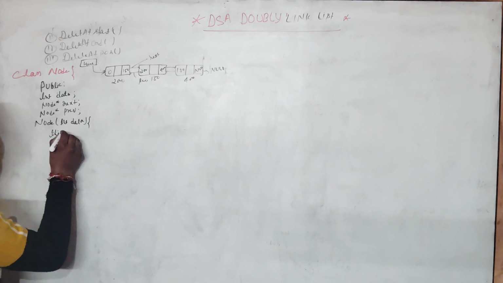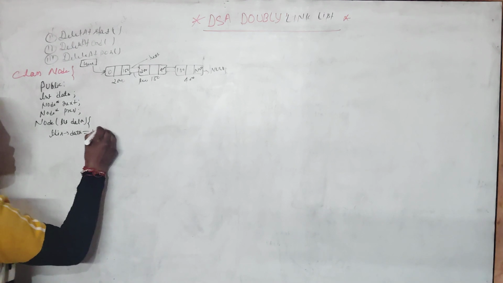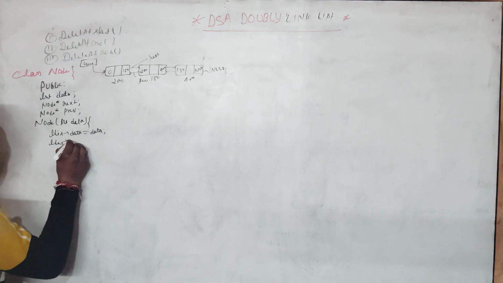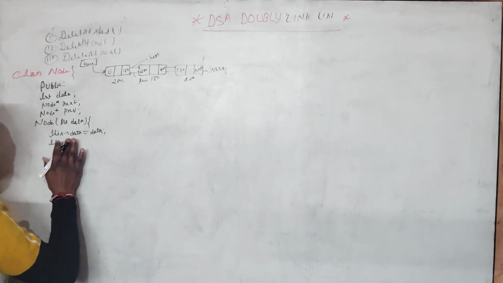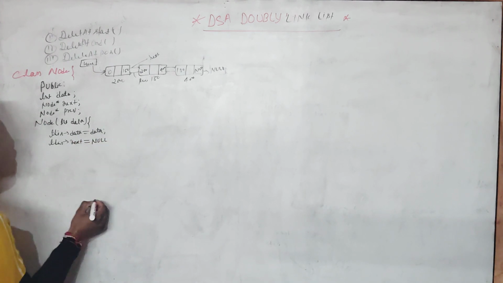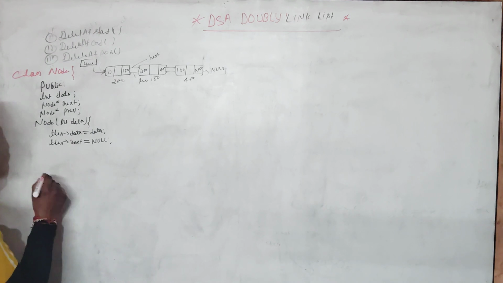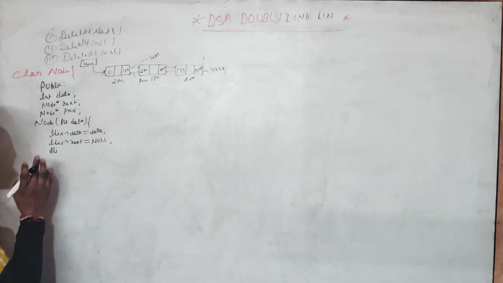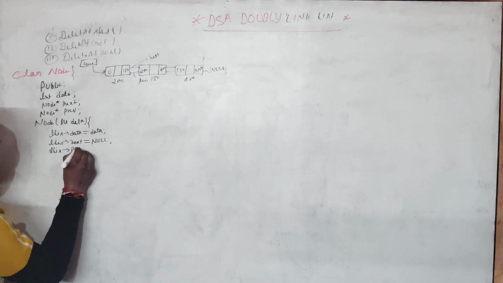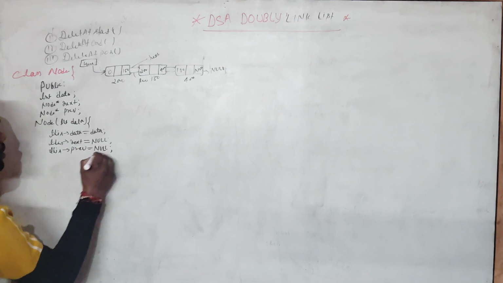And I'm creating one pointer: this data is equal to data, this next is null, and this previous is also null. Fine.